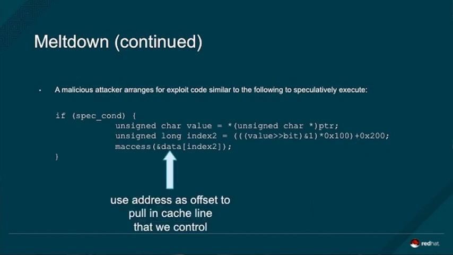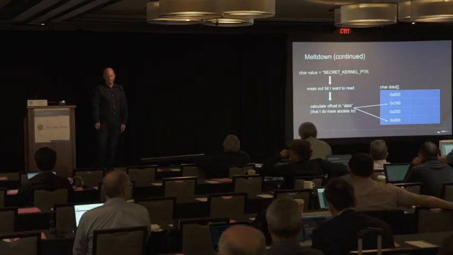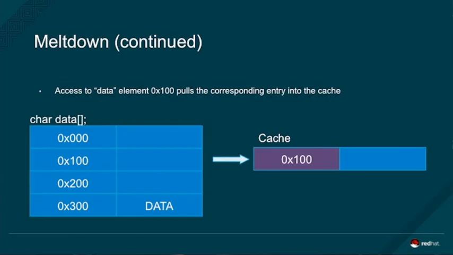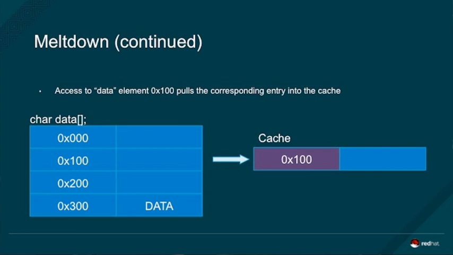We handle it a little bit later than just killing it immediately. So I try to read something from memory that I shouldn't have access to, and I perform a second access based on the value that I read. And that second access is going to pull something into the cache that I can then measure later.